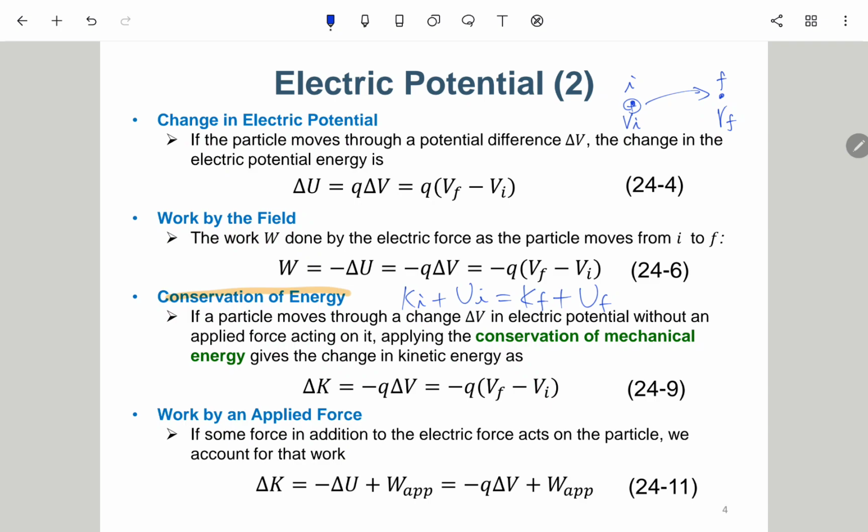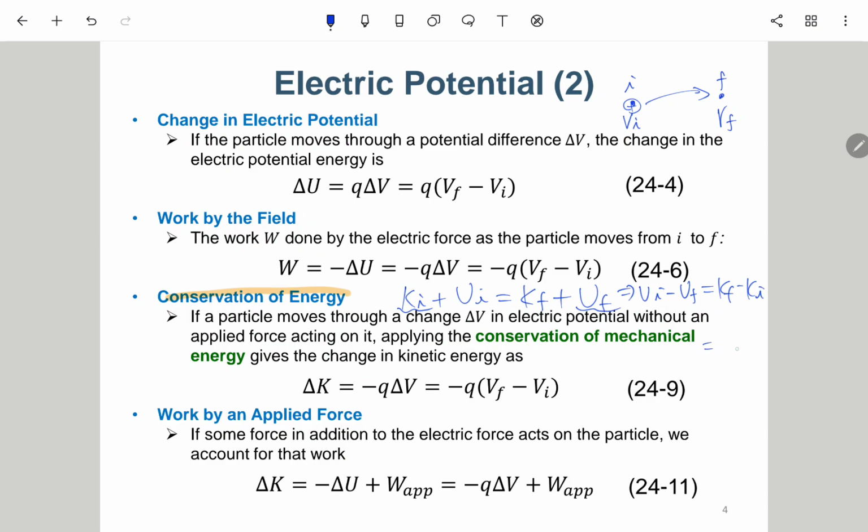We assume there is no energy loss, then there will be conservation of energy here. And if we slightly move around the terms, let's say we move this term to the right side and this term to the left side, we will have Ui minus Uf equals Kf minus Ki.